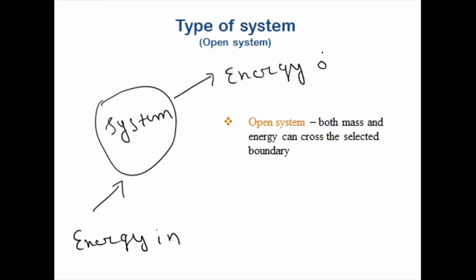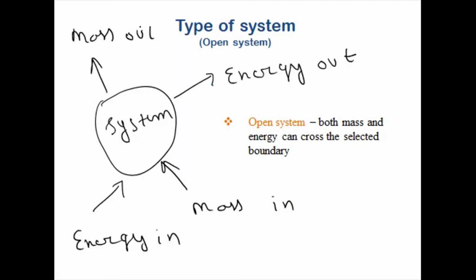Mass in is possible here, and mass out is also possible. So both mass and energy can cross the selected boundary in the open system.